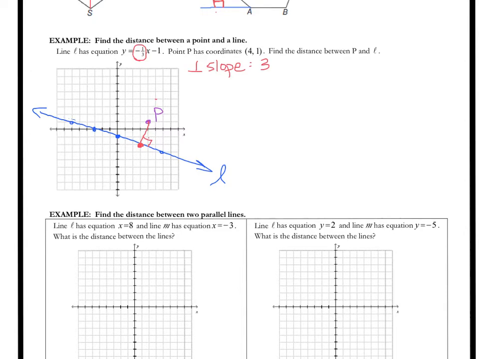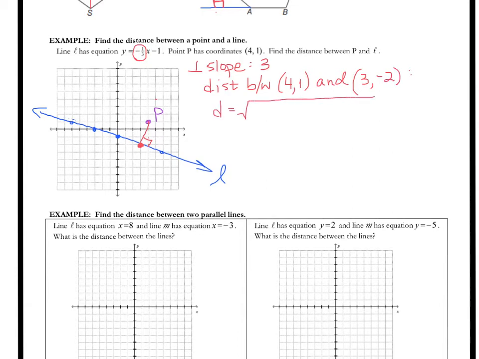So now what we're doing is figuring out the distance between those 2 points. So we're looking for the distance between the given point, which is (4, 1), and the point we just found, (3, negative 2). So we're doing the distance formula.